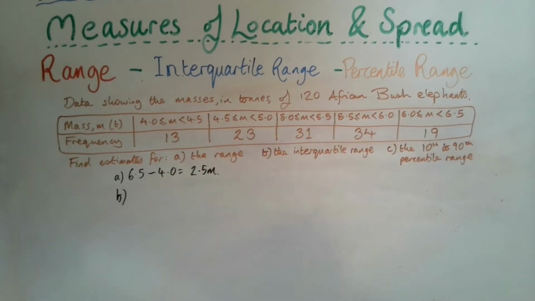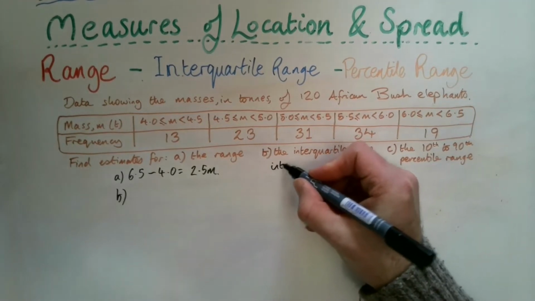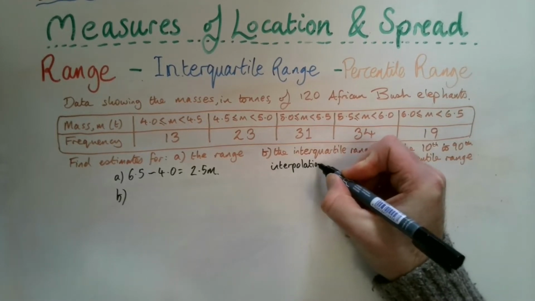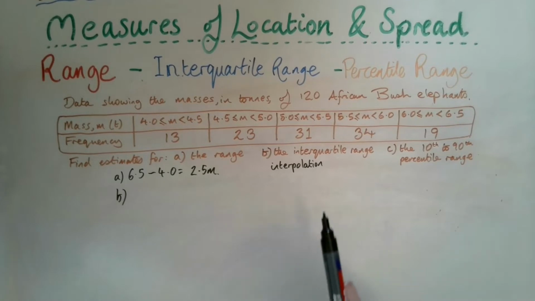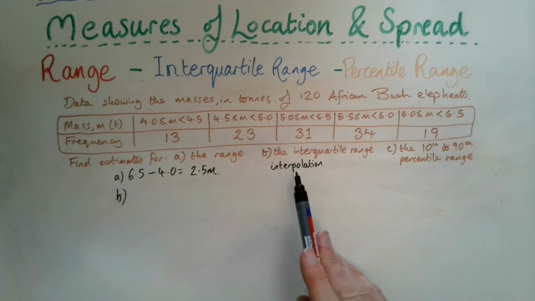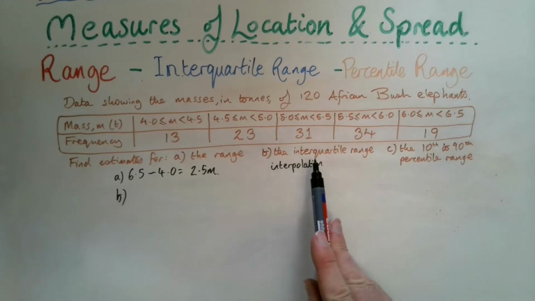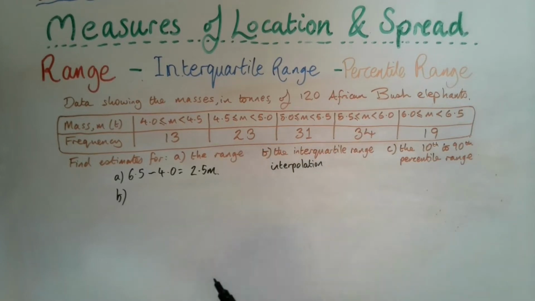But the interquartile range now, we're going to have to use what we were doing last time, which was interpolation. I can't remember if I stressed that word at all because it's a new one. So it's called interpolation, and it's where you use logic to find where that quarter point and the 3/4 points in here are going to be.